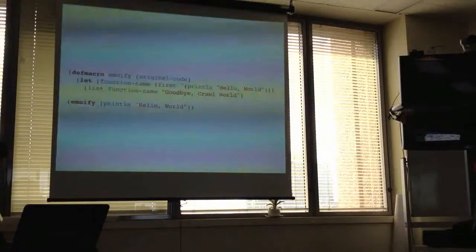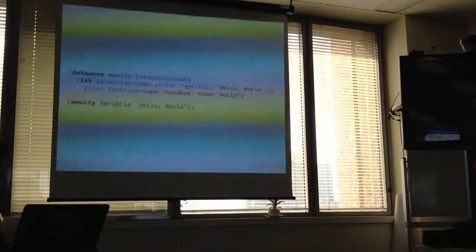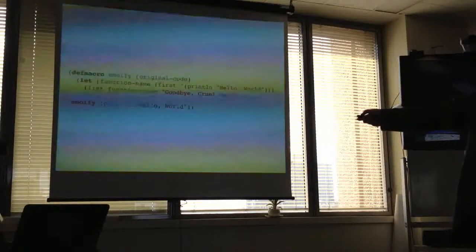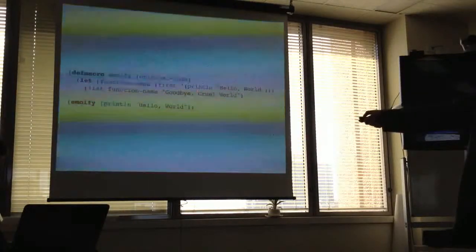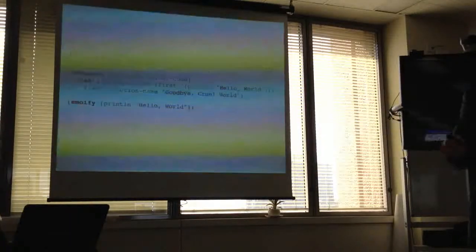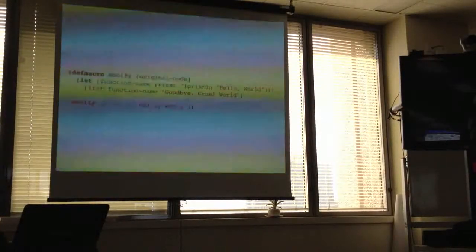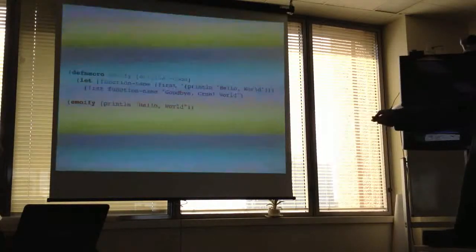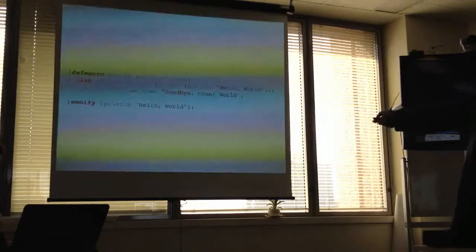Really, this should say original code, but I wanted to keep it in line so you can see what's happening. So we'll pull out the first item, which will be println. We'll assign it to function name. That's what let lets us do. Let is kind of a way of having local variables. And then we'll use the function name in our new list, goodbye cruel world.